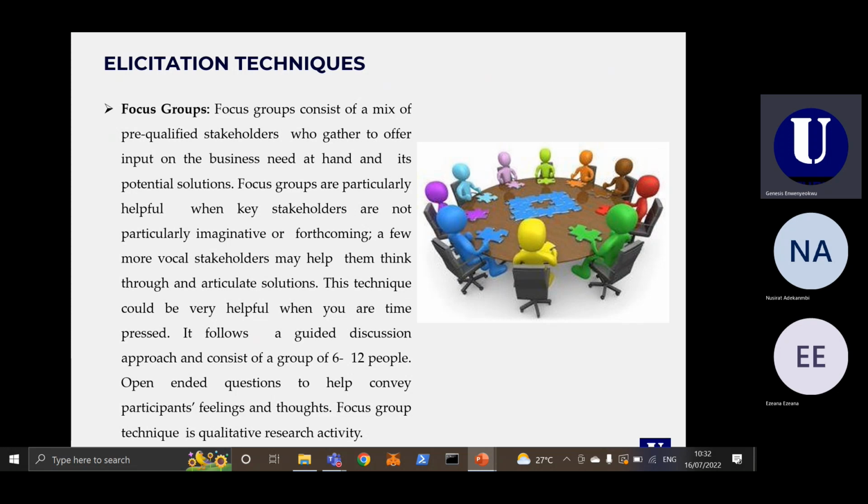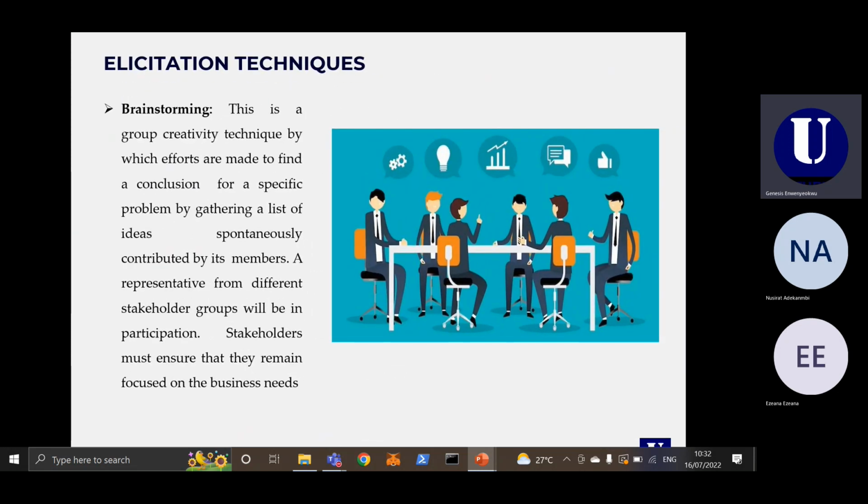Now, the next technique we'll be looking at is brainstorming. This is also something that is common, not just in business analysis, but even in secondary schools. When you're organizing a study group with your friends, your classmates, and people are brainstorming on a particular question that you've come across in a textbook.